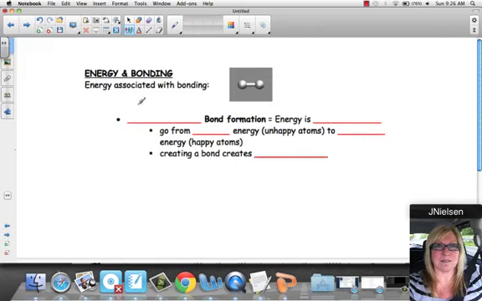So let's look at the changes in energy when we bond. A spontaneous bond formation. So remember that the word spontaneous means that it happens by itself. If you don't know what spontaneous means, write that off to the left: happens by itself. Spontaneous bond formation equals energy that is released.